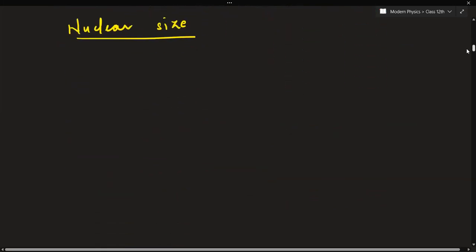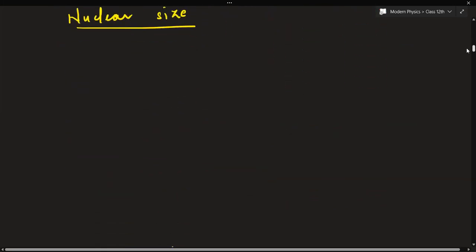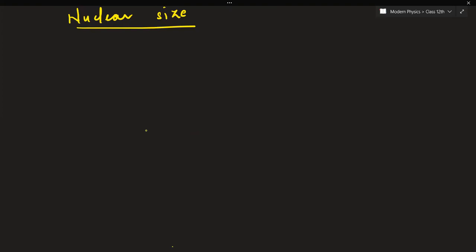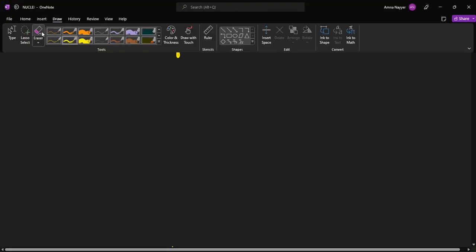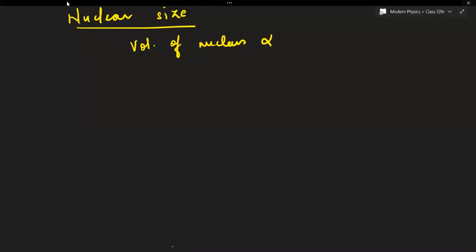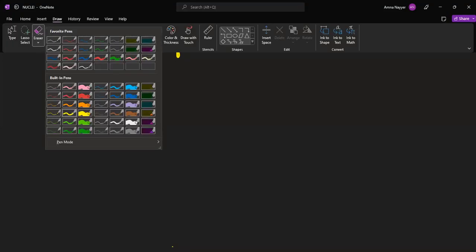Now, regarding nuclear size, this is also a very small topic. Nuclear size says that the volume of the nucleus is directly proportional to its mass number.